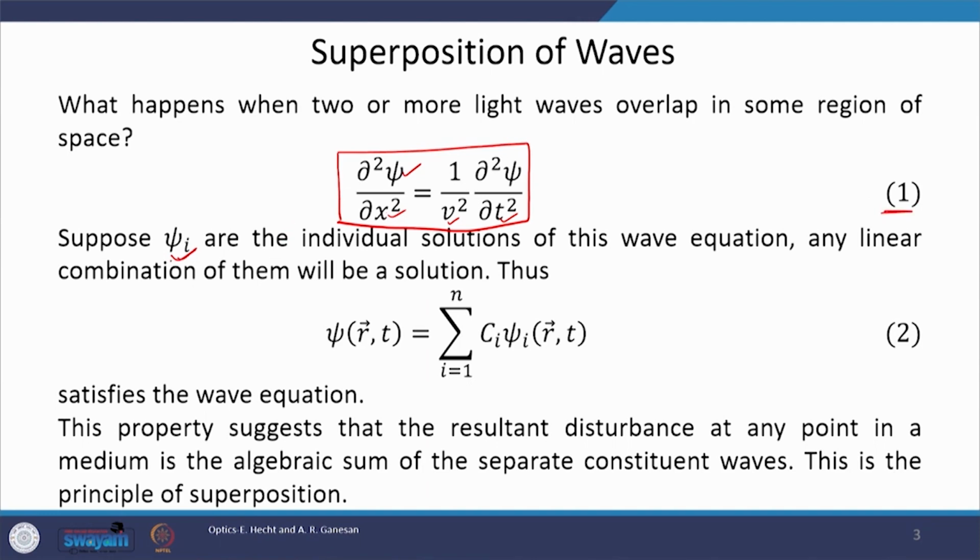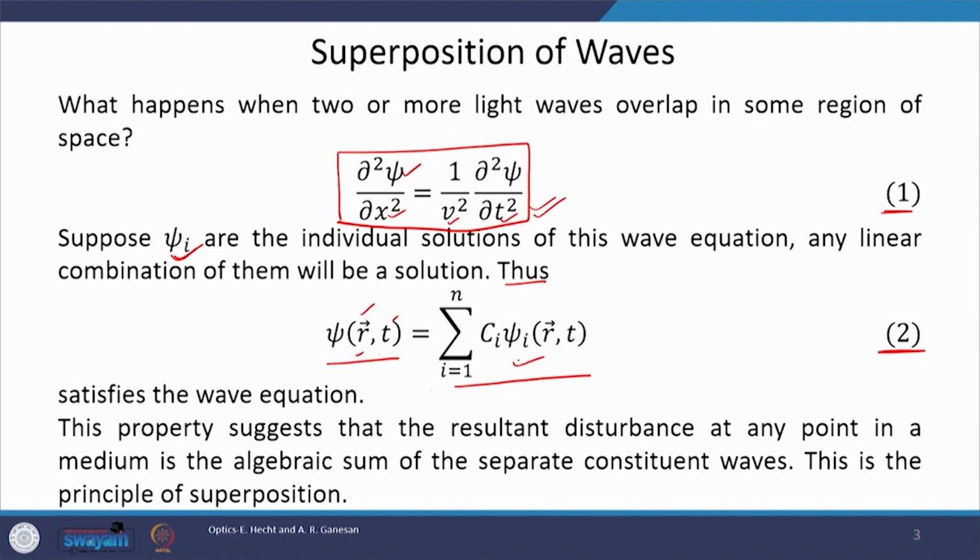And if there are n number of such solutions, then their linear combination will also be a solution of this second order partial differential wave equation. The properties of this wave equation are that it is second order, it is partial, it is a homogeneous equation. Now the linear combination of all these solutions is represented by the wave function psi, which is a function of space and time, as you can see here, and this linear combination is represented by equation number 2.